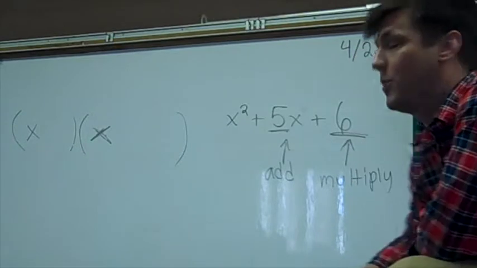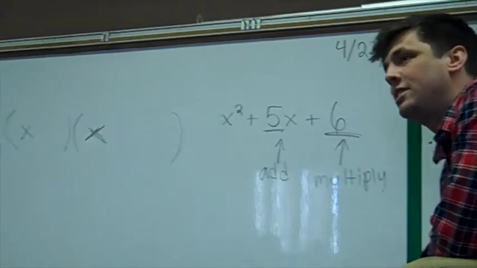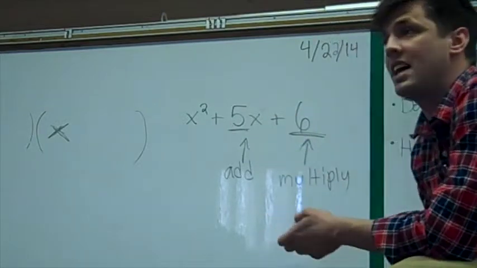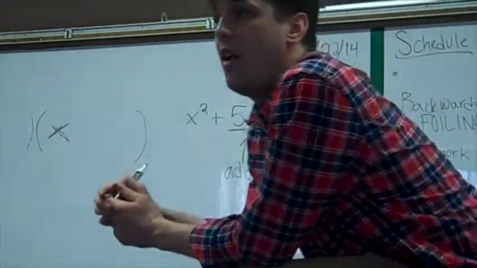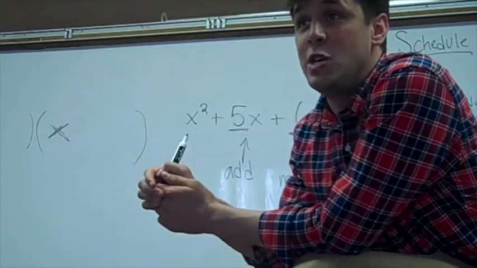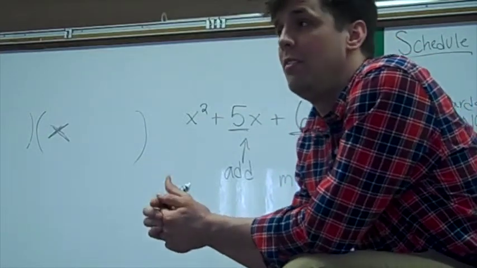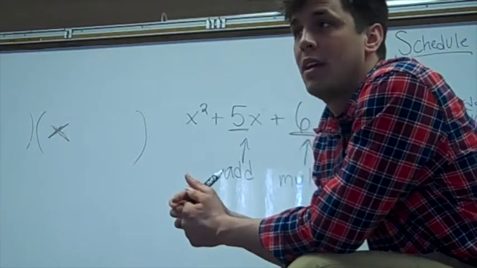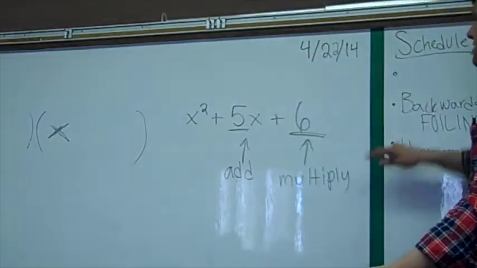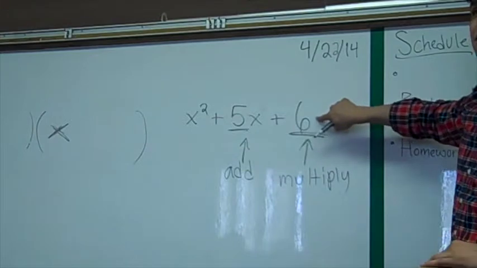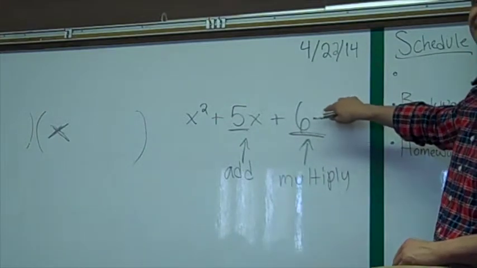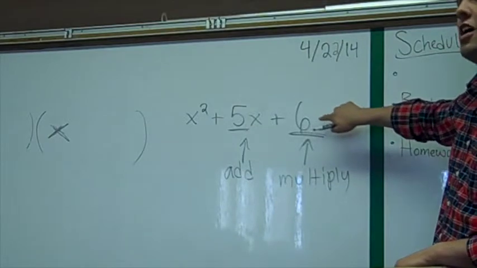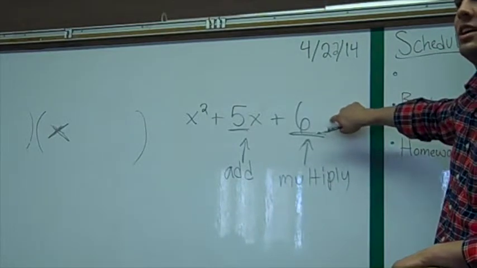Others of you may need to write out all the factors of 6 or all the possible numbers that could add to 5. Now, you can come up with a list of infinite numbers that add to 5. That will go on forever. However, there's a very limited list of things that can multiply to 6. So, if you need a strategy, I would find all the factors of 6.